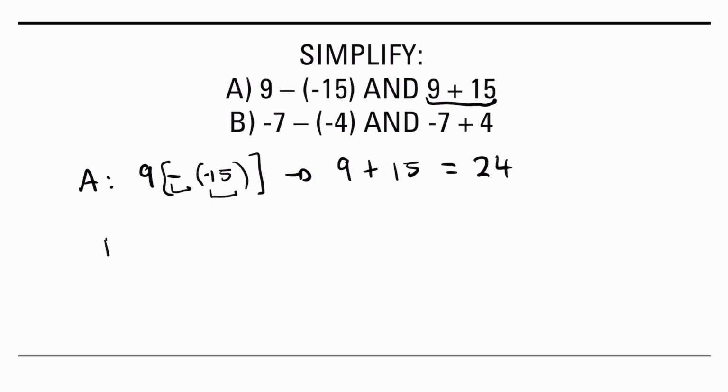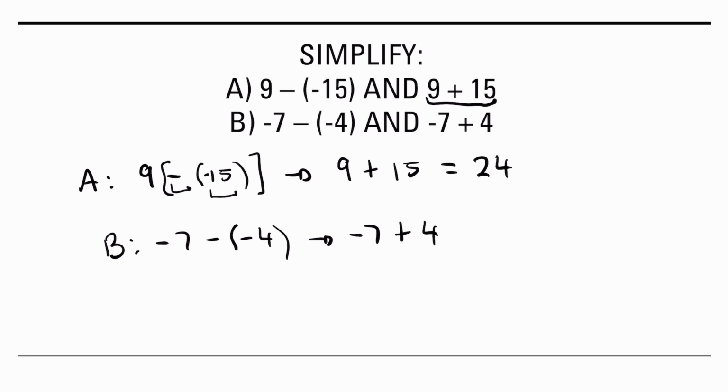So then secondly, let's go with B. So negative 7 subtract negative 4. The two subtractions, or the two negative signs, or the opposite of the negative, whichever way you want to say it, that becomes a plus. And so we get negative 7 still, that's fine, but then it'll be plus 4.